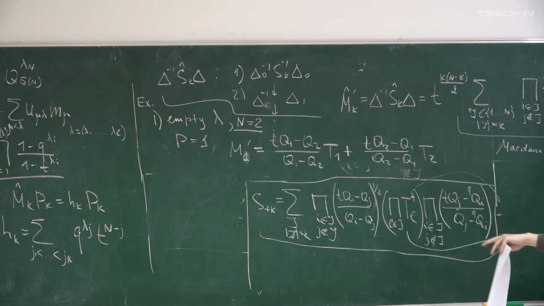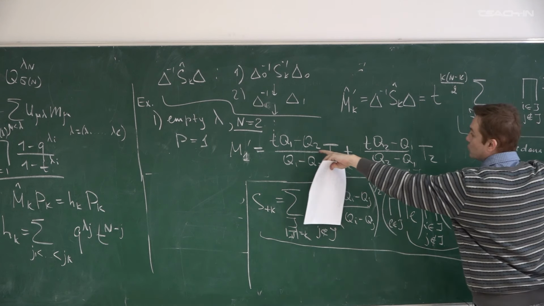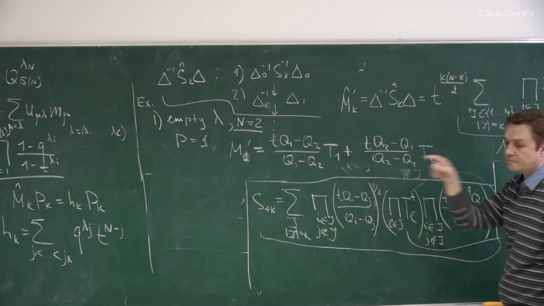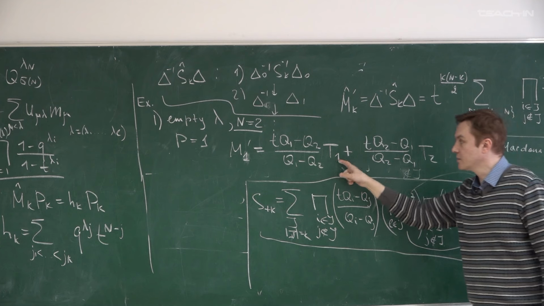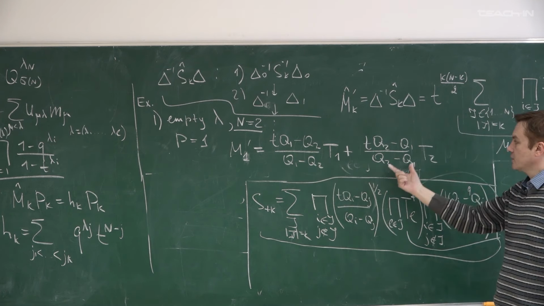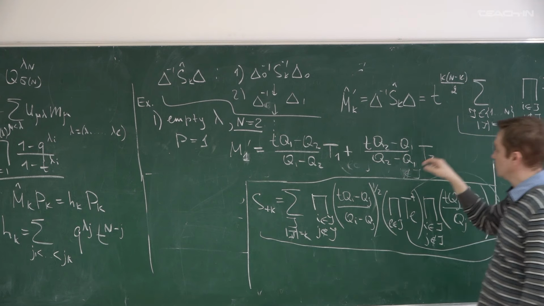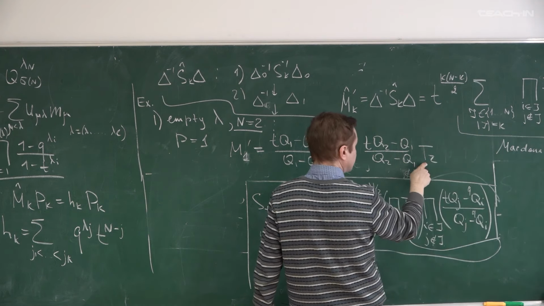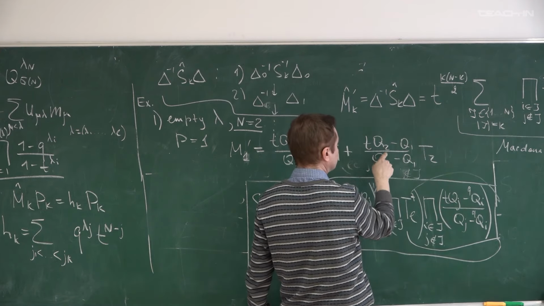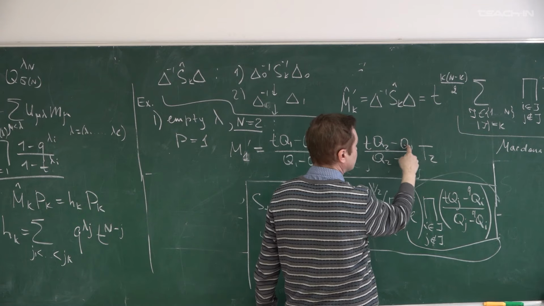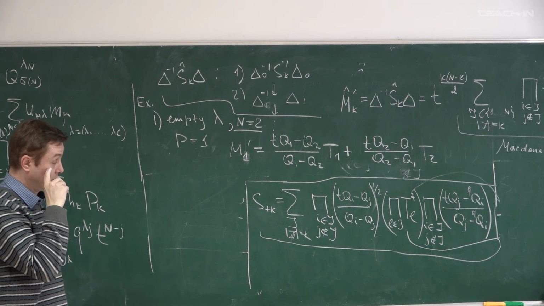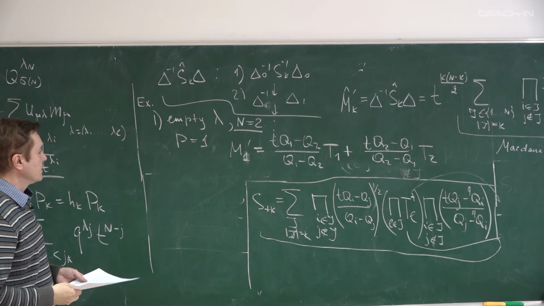And j is not equal to 1, it equals 2. And this T1 is a shift operator along this q1. And the same for the second term. When i is equal to 2, then we have a shift operator T2, and we have q2 here and minus q1. So this is the simplest Macdonald operator.